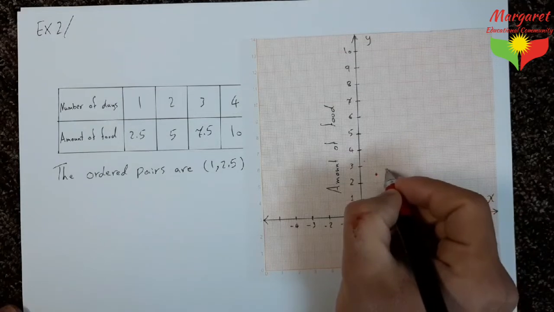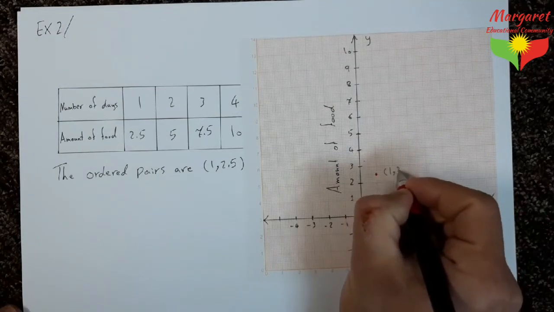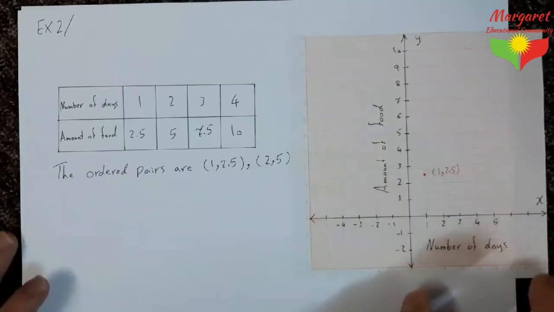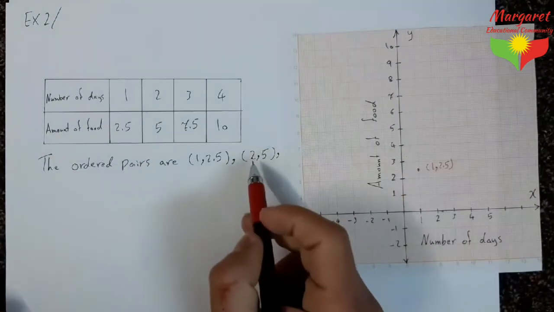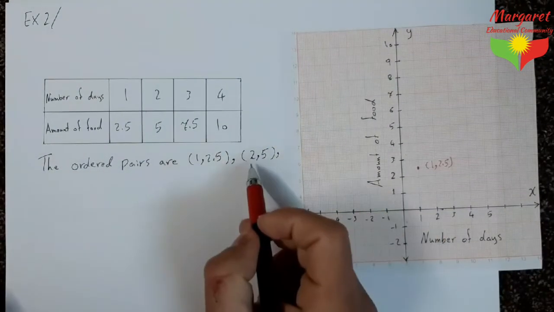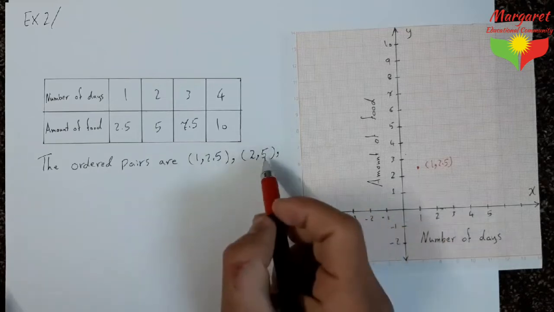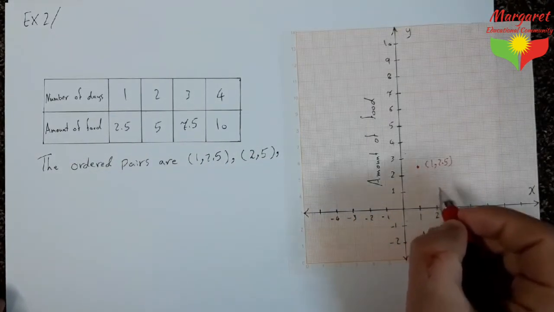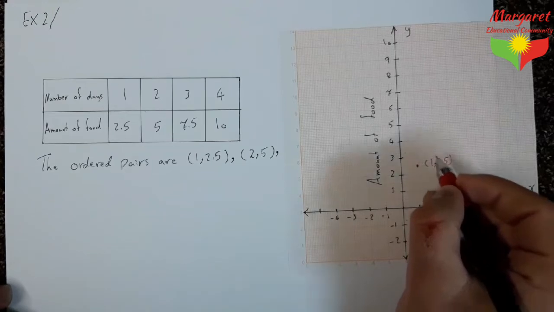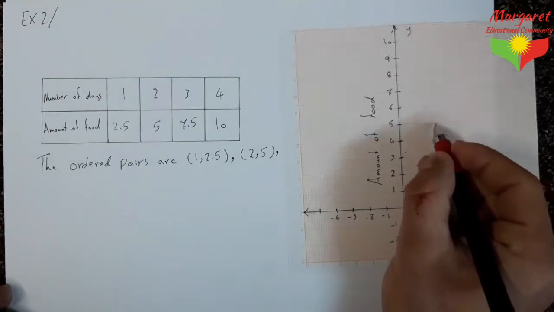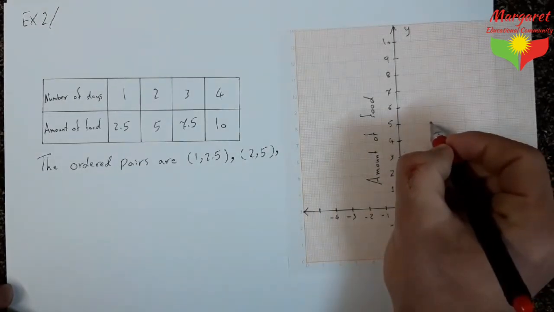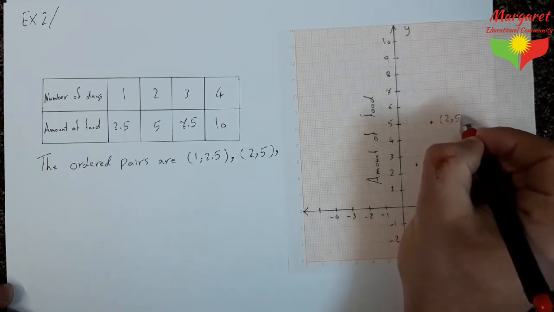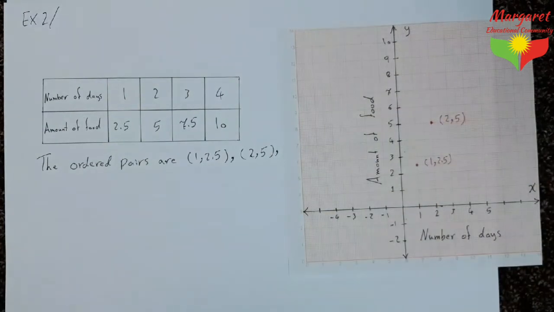Plot the point 1, 2.5. And to plot 2, 5, move 2 units to the right and 5 units up. So 1, 2 and 1, 2, 3, 4, 5. So plot the point 2, 5.